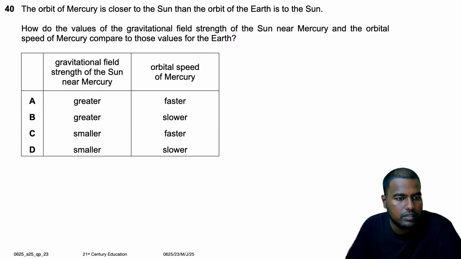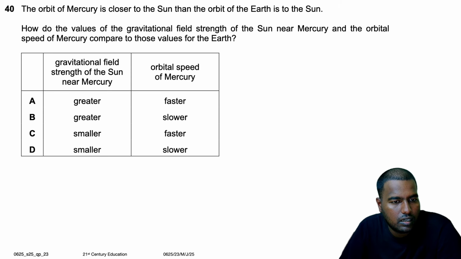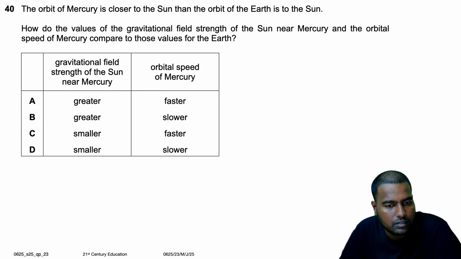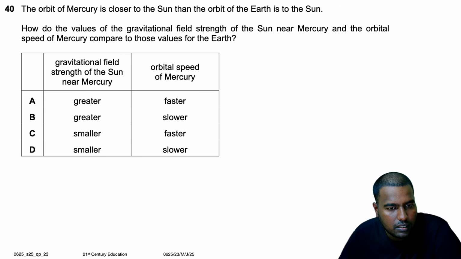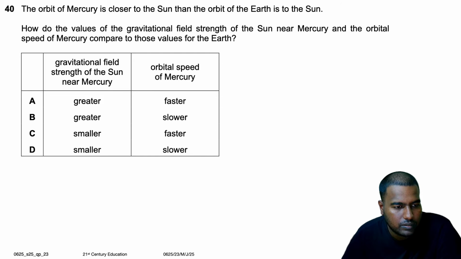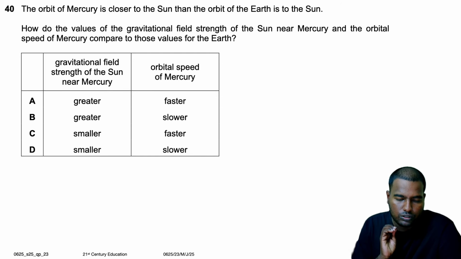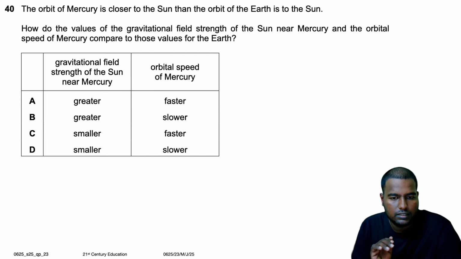The orbit of Mercury is closer to the sun than the orbit of Earth. How do the values of gravitational field strength of the sun near Mercury and the orbital speed of Mercury compare to these values for the Earth? If you go closer to the sun, the gravitational field will be stronger.